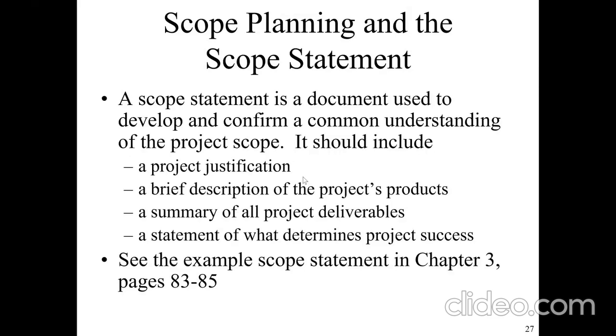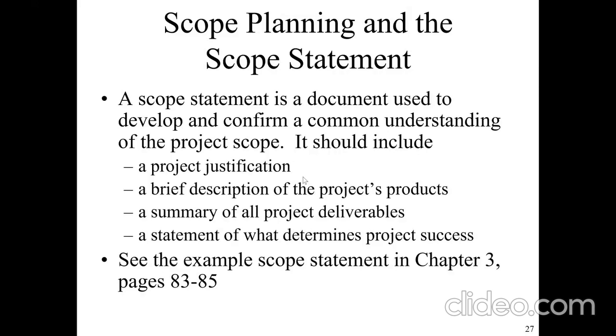A brief description of the project product: what do we expect this project to produce at the end of the day? A summary of all deliverables. So after this period, we should expect this. After that, we should expect that. So we need a summary of all deliverables also. And a statement of what determines a success or a failure.